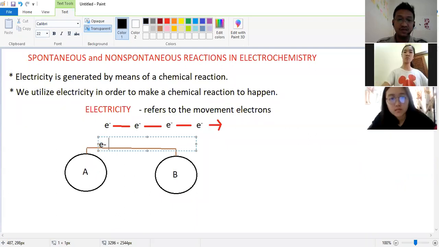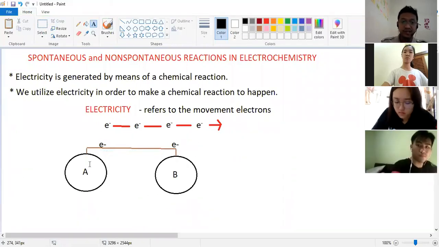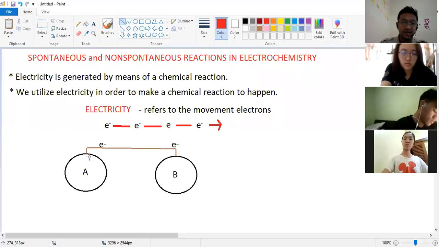For example, it is A that gives off electrons, and B is the one that receives electrons. So the flow of electrons will be from A to B.